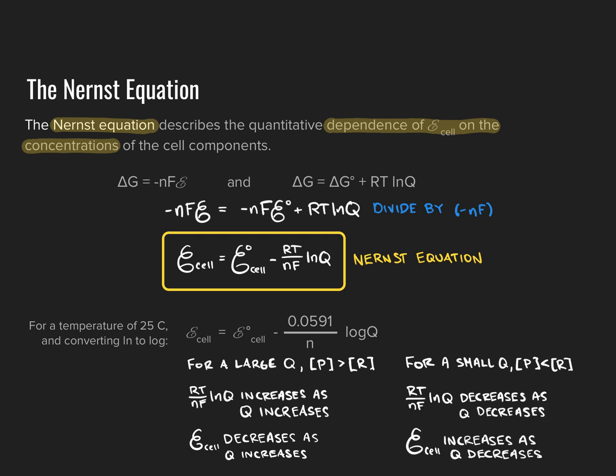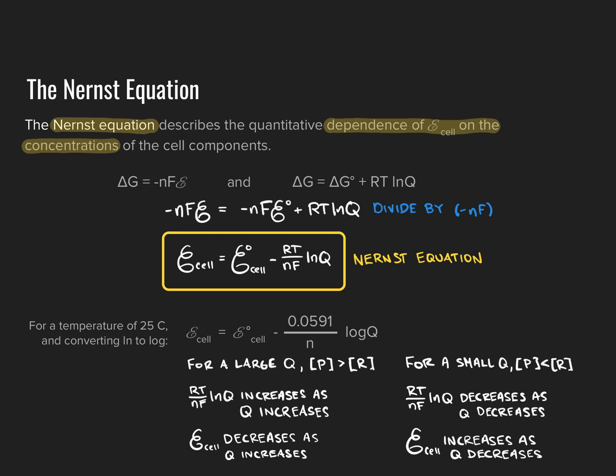And the math backs that up. If the value of Q is small, then the factor RT over nF times the natural log of Q would itself also be small, or potentially even negative if Q is less than 1. Therefore, we would expect to see a larger operating cell potential, as that factor is being subtracted from the standard cell potential in the Nernst equation.